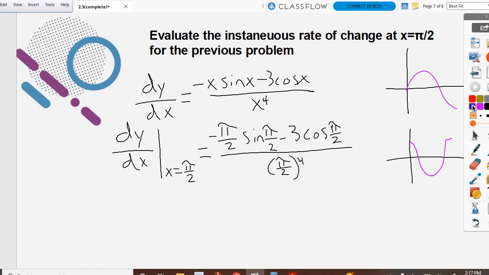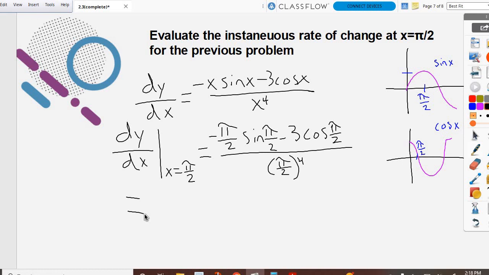So at pi over 2, what is sine at pi over 2? 1. This is sine of x, and this is cosine of x. What is cosine at pi over 2? 0.